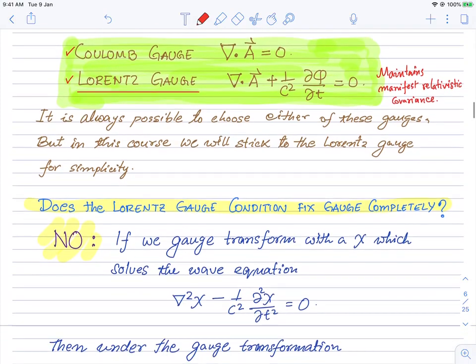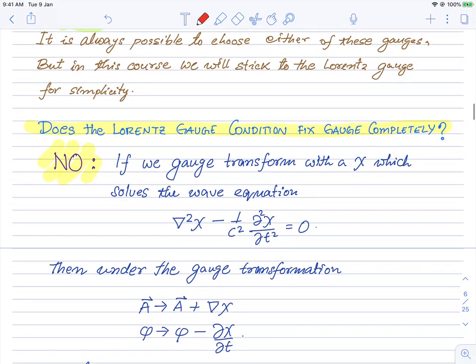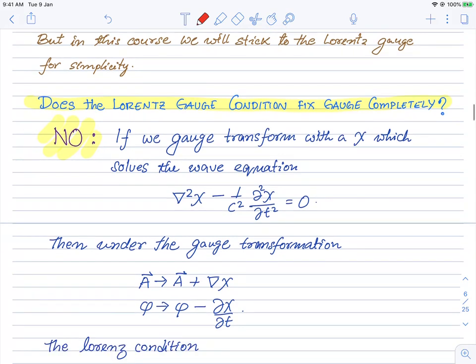As we discussed in the previous video, there's a question whether or not the Lorentz gauge fixes the gauge completely, and the answer to that question is no. If you do a gauge transformation with a chi which is a solution to this wave equation itself, the solutions to this wave equation are not unique, and we saw that there is a non-trivial solution to this wave equation.